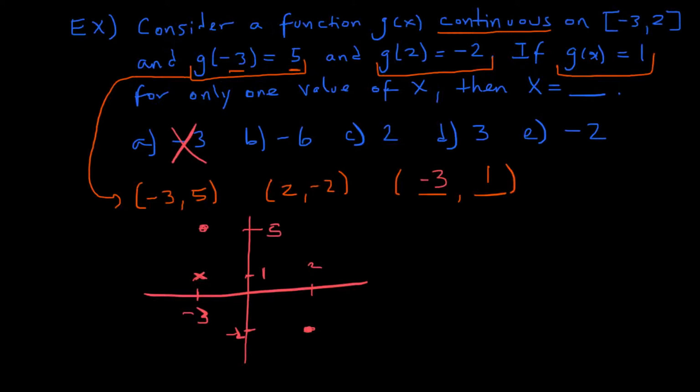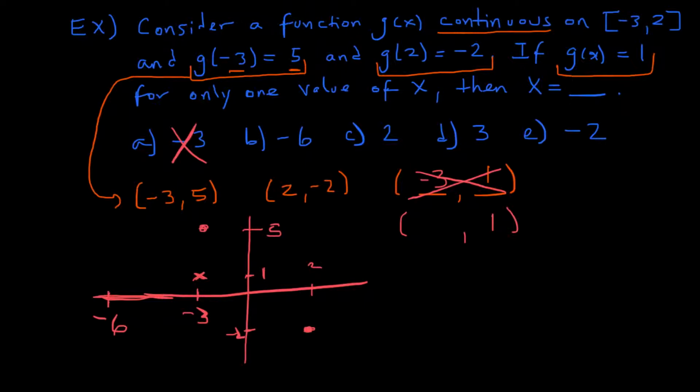Well, now what about answer choice B, -6? The y has to be 1, because they said that g of x is equal to 1. And my next answer choice says -6. Well, -6 is out here.